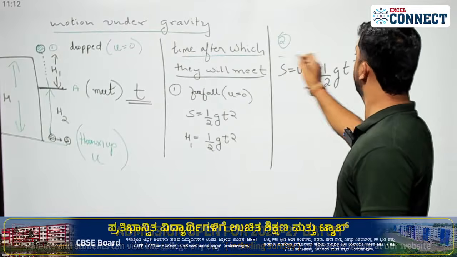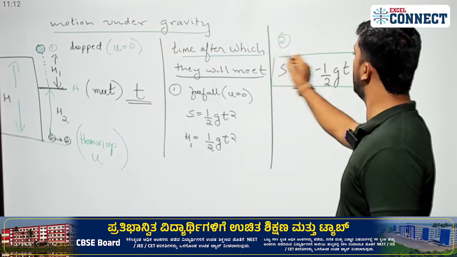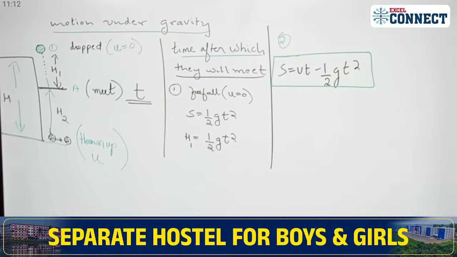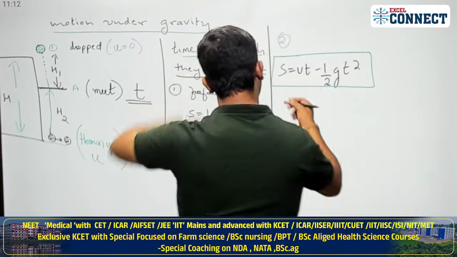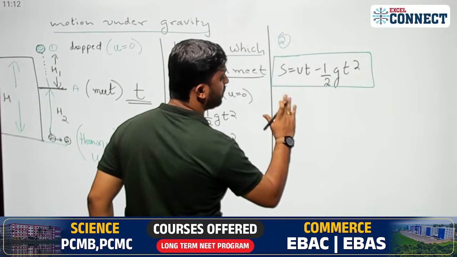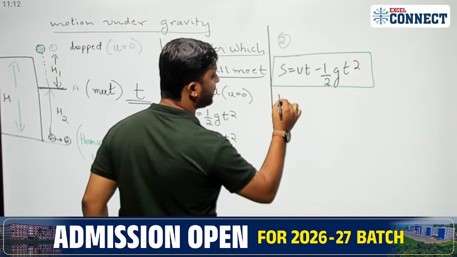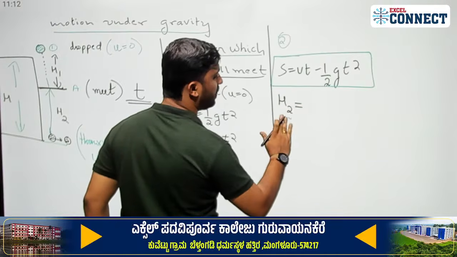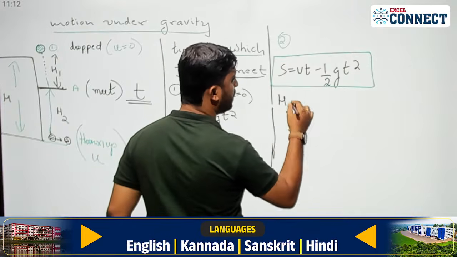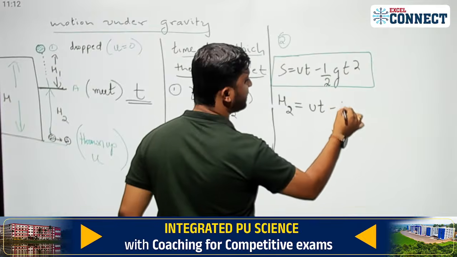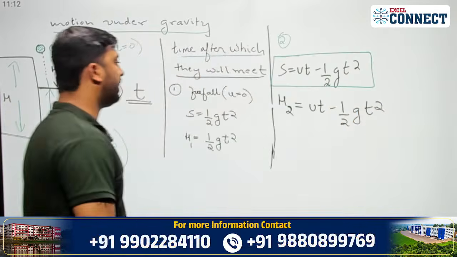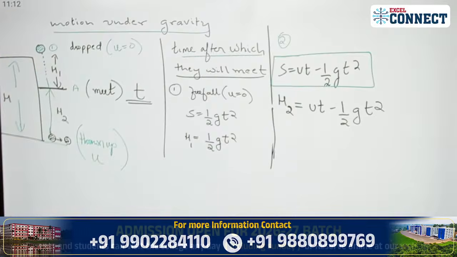Since the ball is thrown up, s is equal to ut minus half gt square. The distance travelled is h2, so h2 is equal to ut minus half gt square, right? So, let us add these.